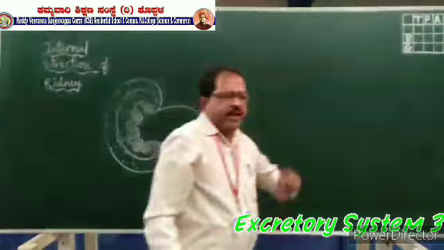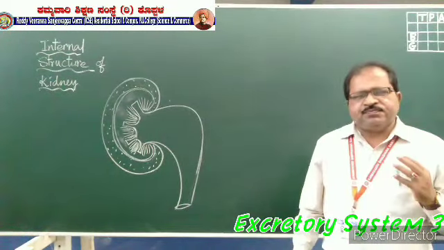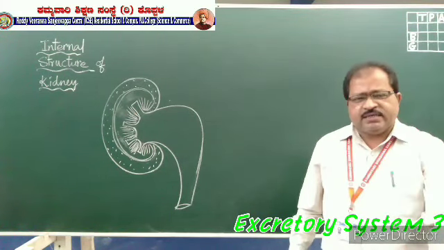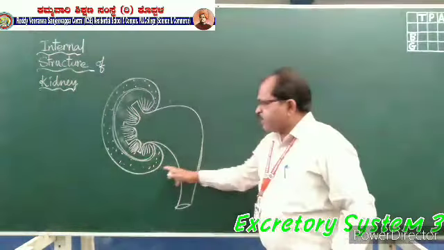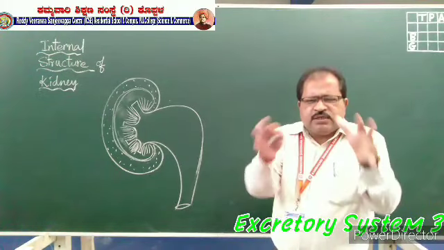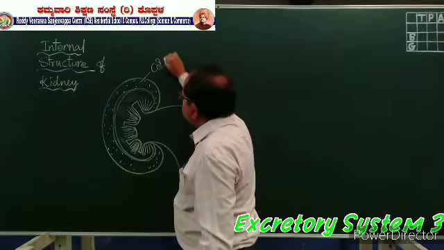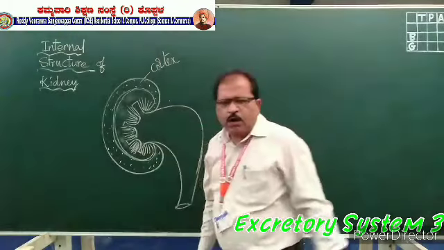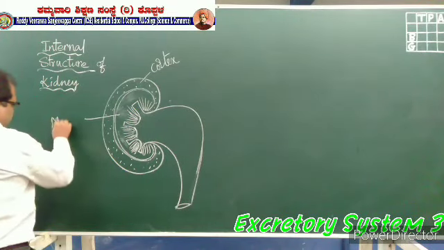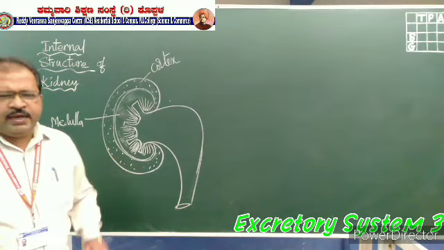With regards to the internal structure of the kidney, when you take a kidney and cut it longitudinally, vertically, you might see this type of structure. The total structure of the kidney is divided into 2 major parts: the outer cortex and the inner medulla.